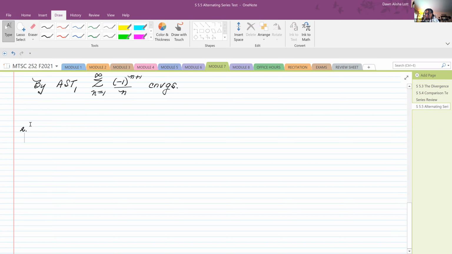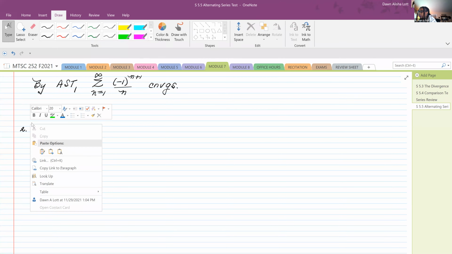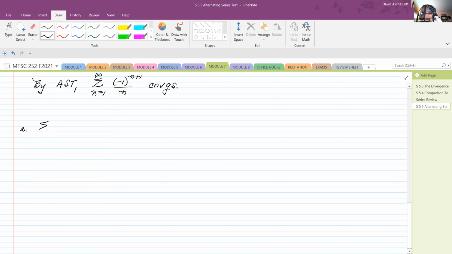Example 2 is the sum from n equals 1 to infinity of -1 to the n times (n squared plus 4) over (n squared plus 5). As I look at this, I can see that my U_n is the n squared plus 4 part over the n squared plus 5.